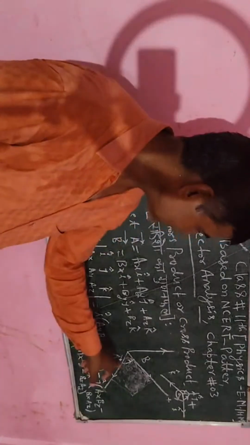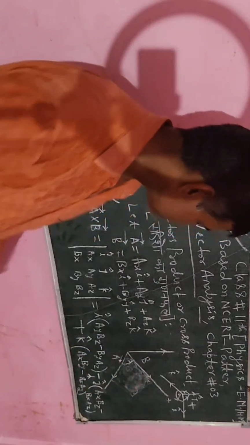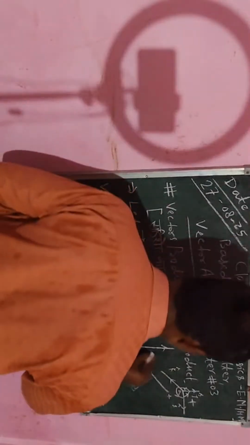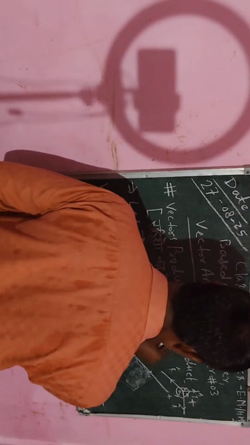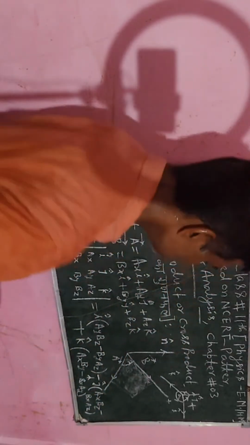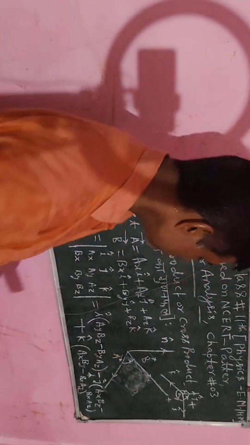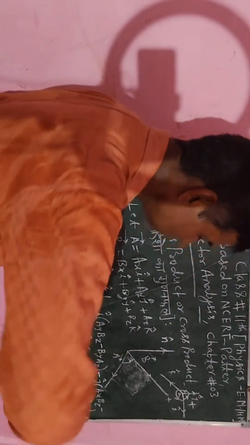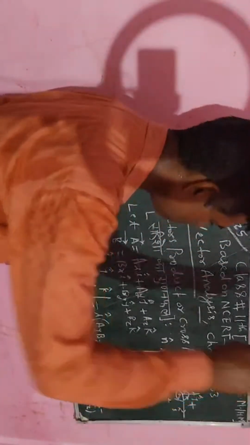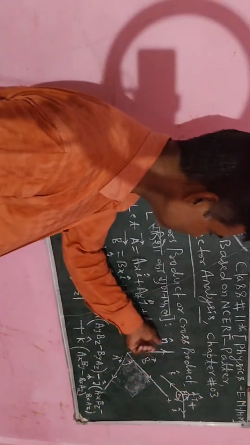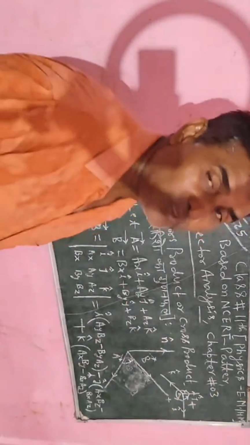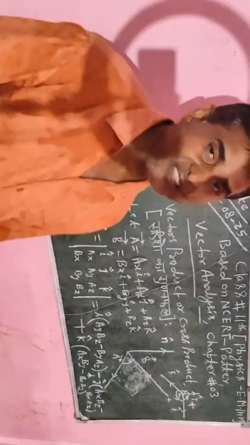So I will take its cross product, a cross vector b. That will also be a vector, and that vector I will consider here. So this is a vector, because if I rotate anti-clockwise, its direction will be upward, and that upward direction I have to consider with vector n, because any vector which has a cap is a unit vector.